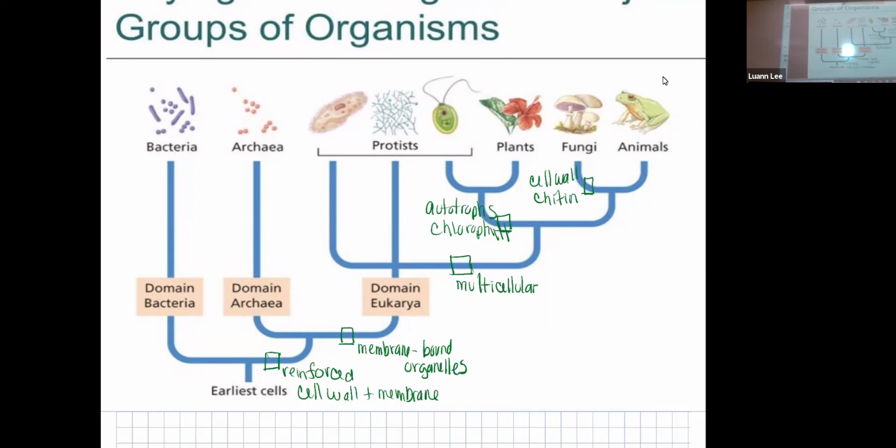And the animals developed specialized tissue. They had no cell walls.